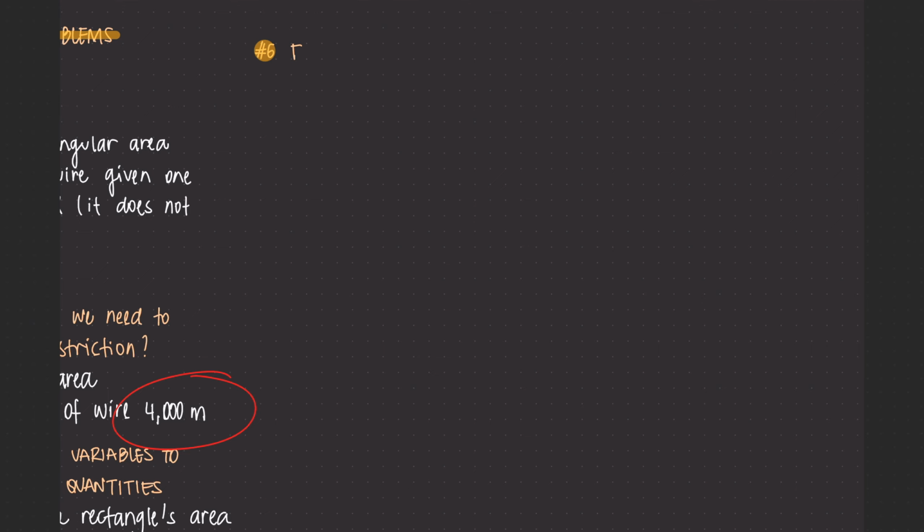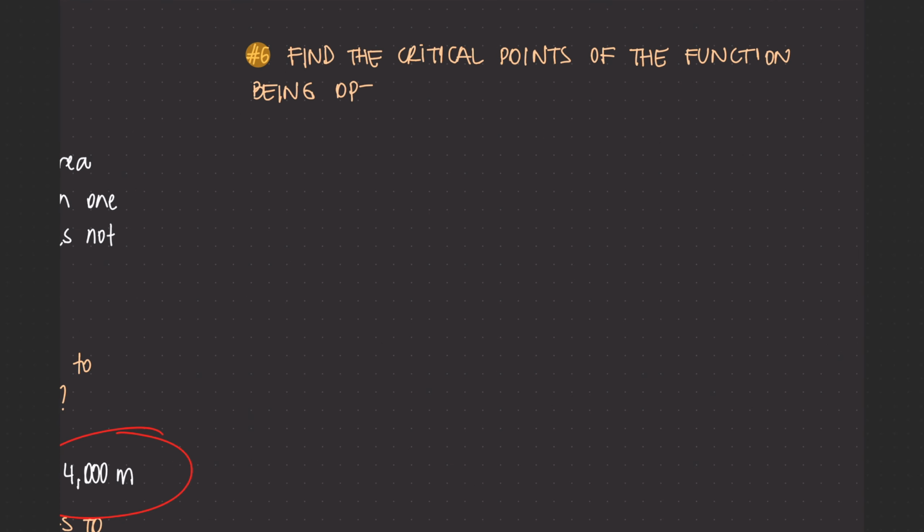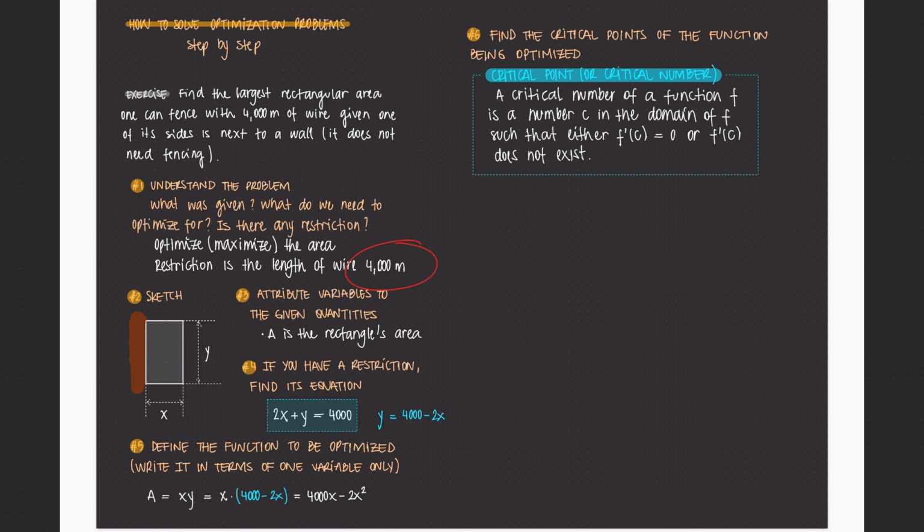Step number 6, find the critical point of the function which is being optimized. And what's a critical point? The critical points will be the possible candidates for maxes and or mins. The definition is the following. A critical point or a critical number is a number which is represented by C in this little box, which belongs to the domain of f such that either the derivative is equal to 0 or it doesn't exist.